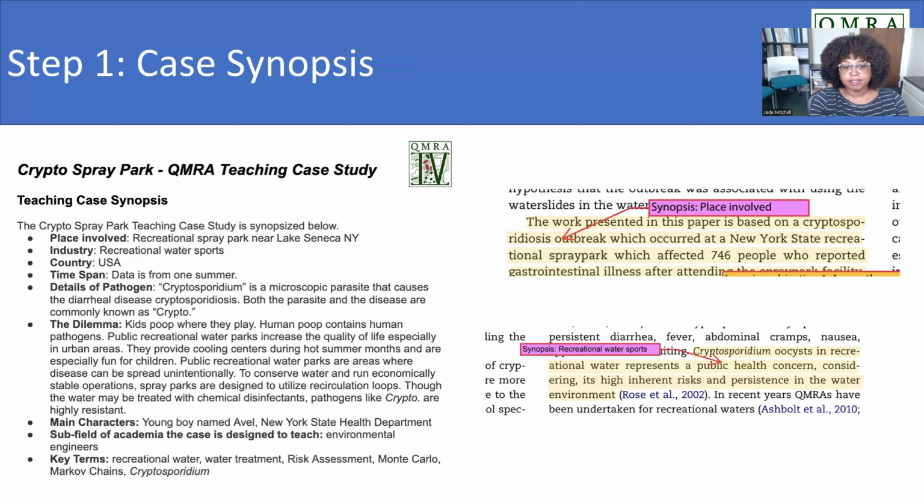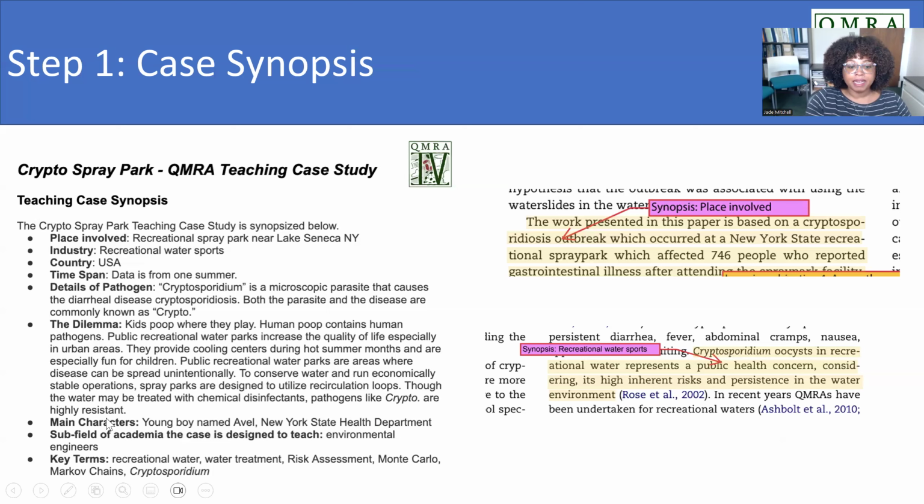We also provided some additional information in the dilemma regarding the design of the spray pad and how, though it's disinfected with chlorine, like most public pools and splash pads, pathogens like cryptosporidium are highly resistant to chlorine and require additional measures for inactivation.